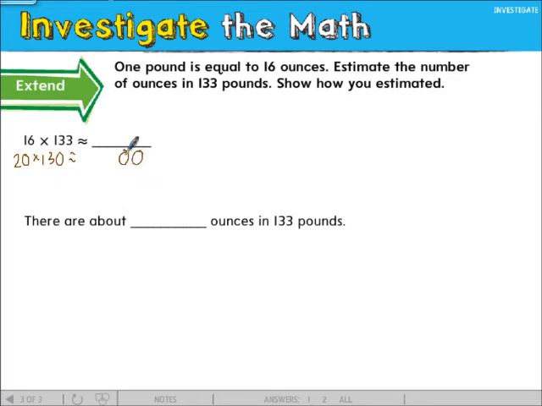And 2 times 13 is? 26. So my estimate is about 2,600. So there are about 2,600 ounces in 133 pounds.